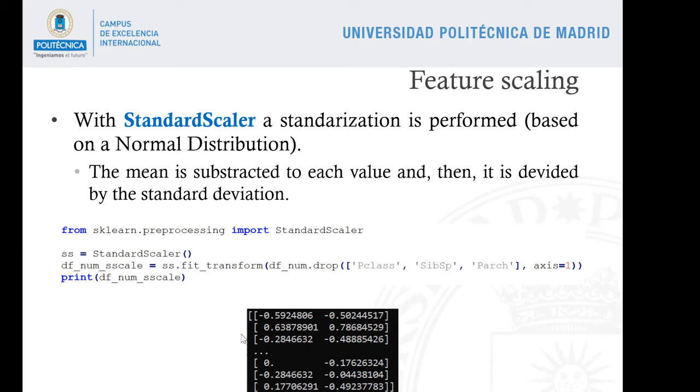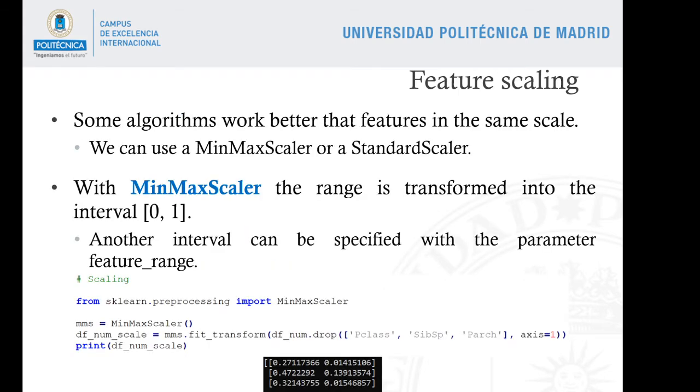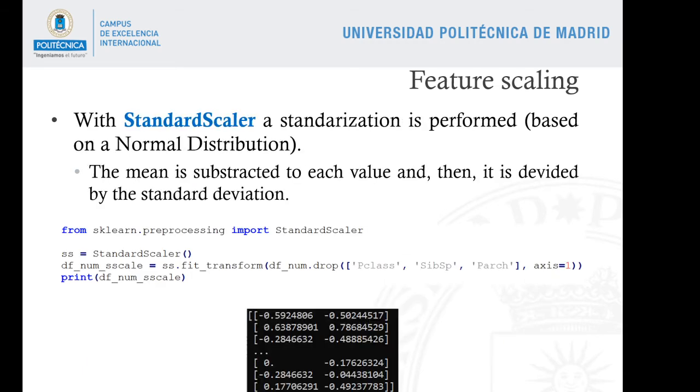This is used if we know that a variable follows a normal distribution, but that is not that common. So mainly we will use the other scaler.